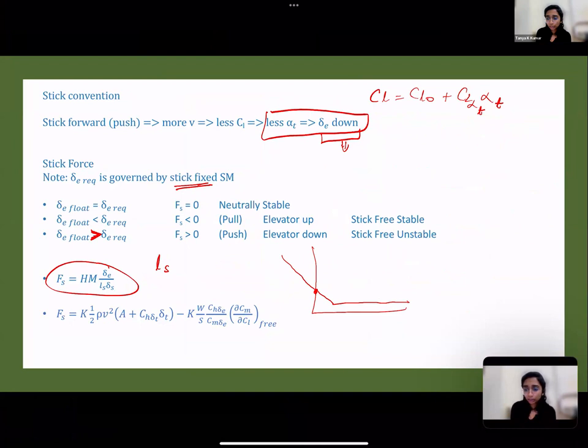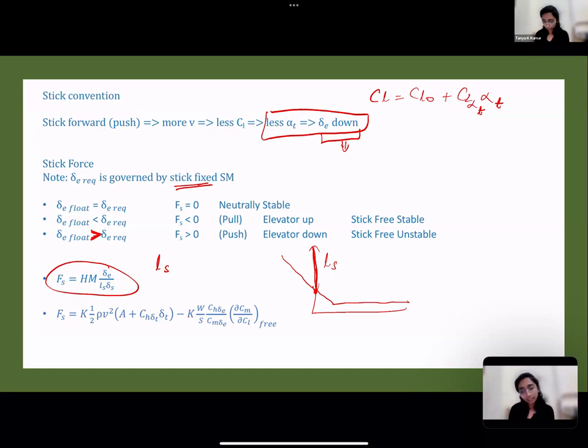The angle of how much we push or pull the stick is delta S. This length of the stick, from the hinge point to the stick, is LS. And the angle, yes, you're right, is delta S, how much we push or pull the stick.